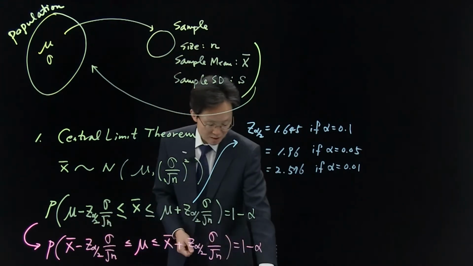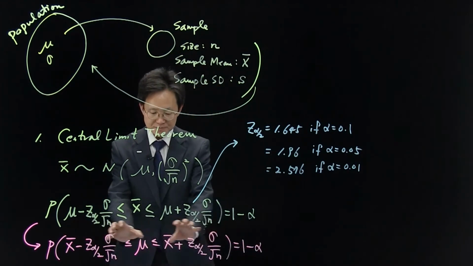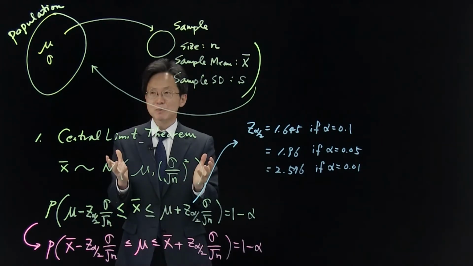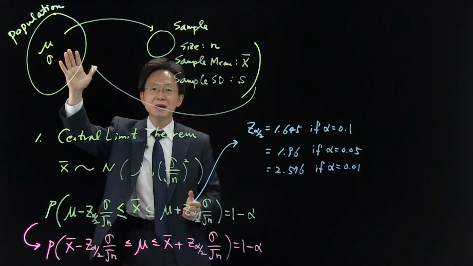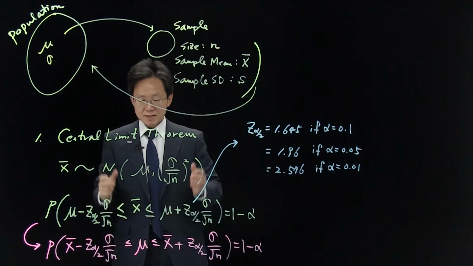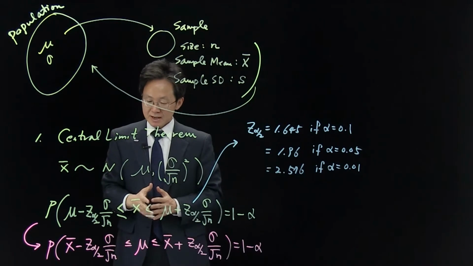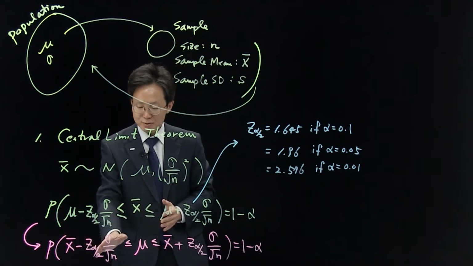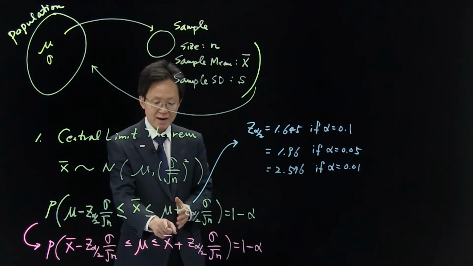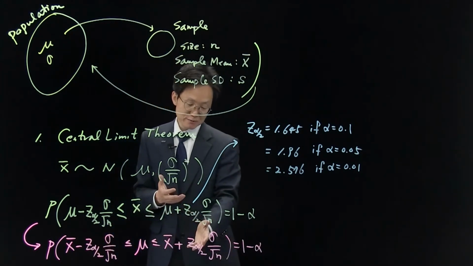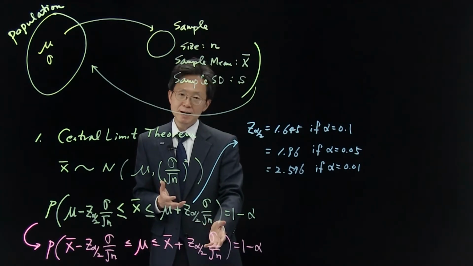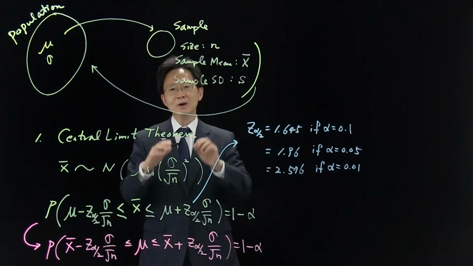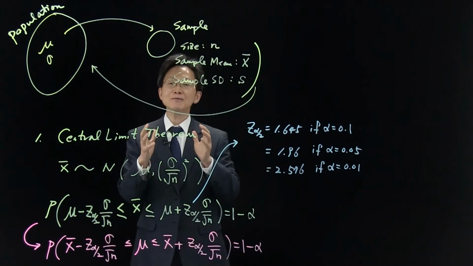In other words, this equation says that when someone asks me what is the range of the true value, I would tell that person the true value is between x bar minus z alpha over 2 sigma over root n and x bar plus z alpha over 2 sigma over root n. So mu is between these two values. And when I say that, how confident am I?